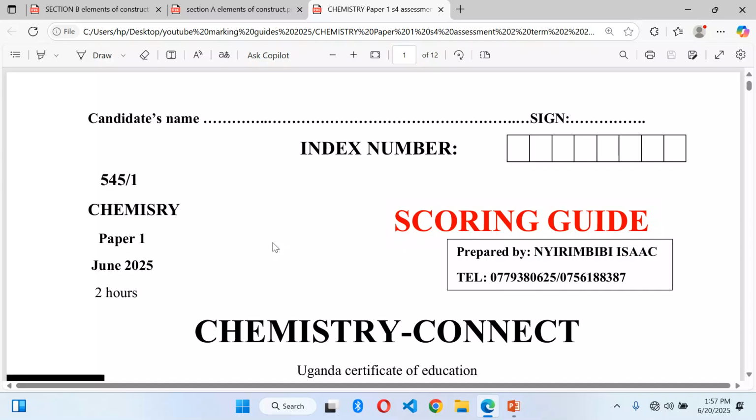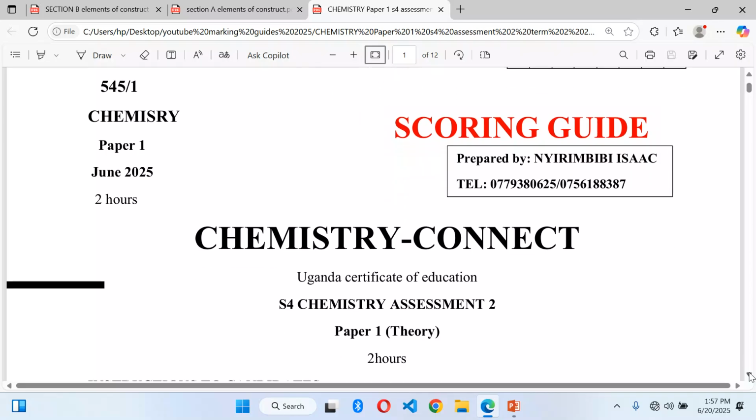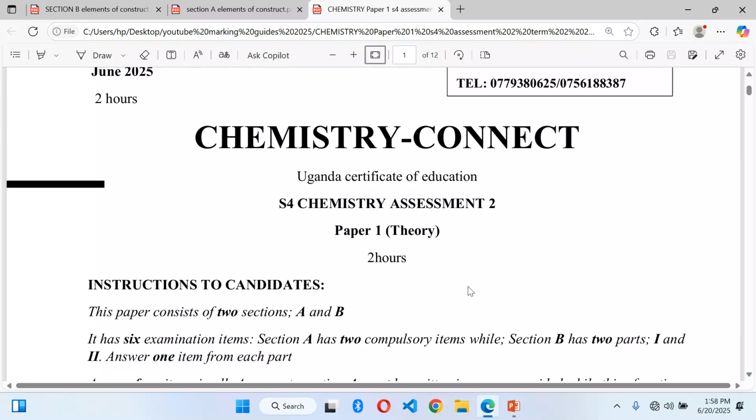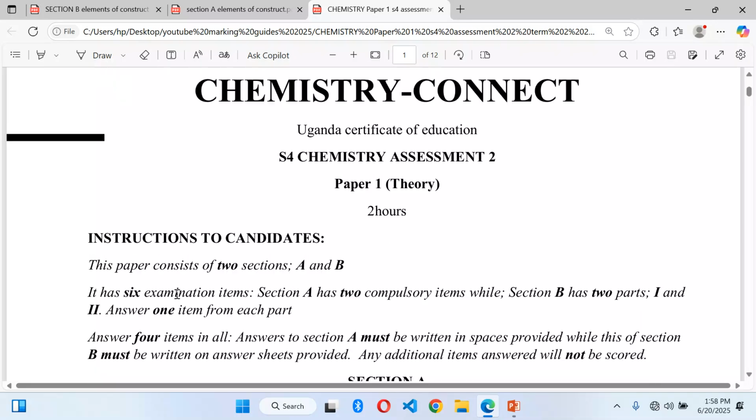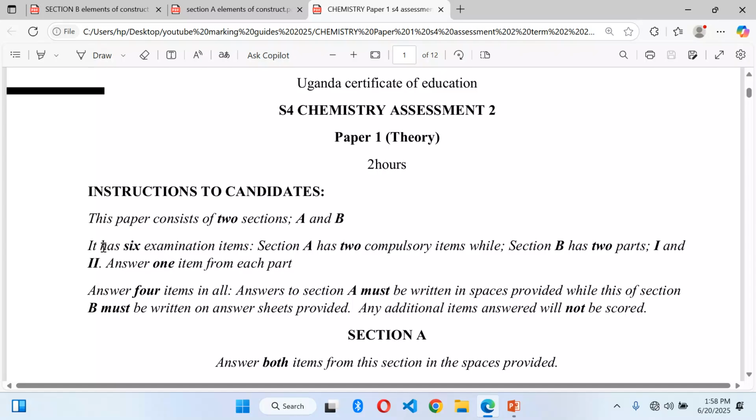So in this paper, we see it is a standard paper which is taking 2 hours. These are the instructions to the candidate. It has 6 examination items. Section A, 2 compulsory items, while Section B has 2 parts, 1 and 2, and answer 1 item from each part.